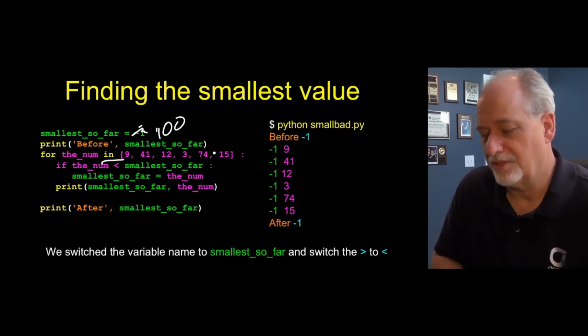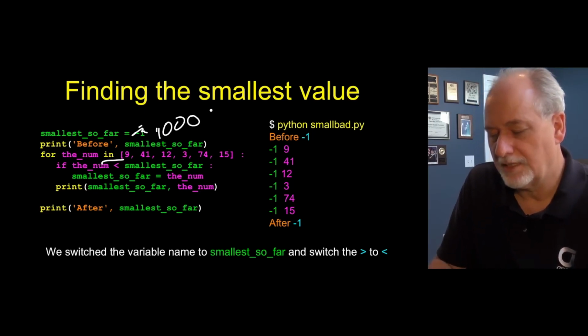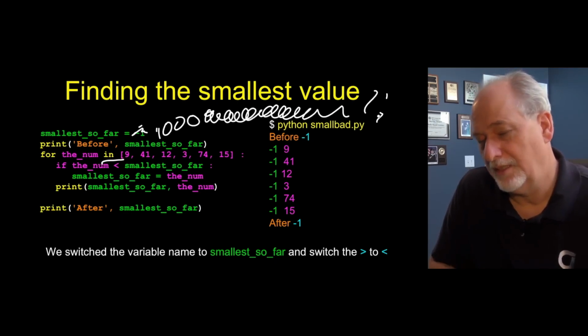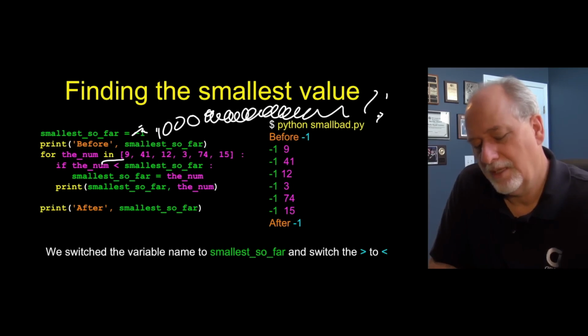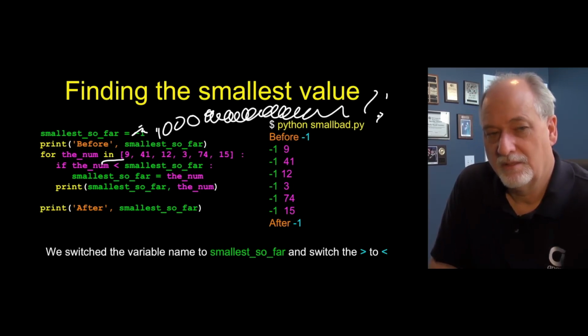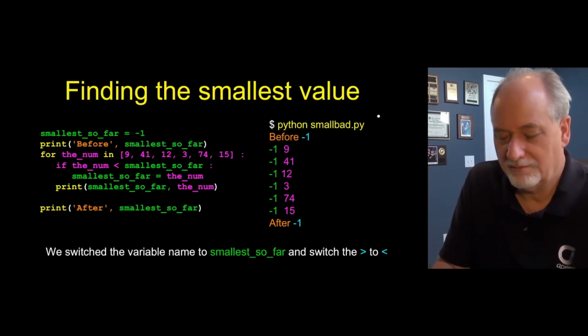That might not be a good assumption depending on the numbers that you're dealing with, right? So maybe 100 is a good number to start with, or maybe 1,000 or 10,000, or some number with lots of zeros in it. How big should we make this? The answer is we're solving this problem the wrong way. What we really want to do is accept the fact that if we're looking for the smallest number so far, the right hypothesis is the first number.